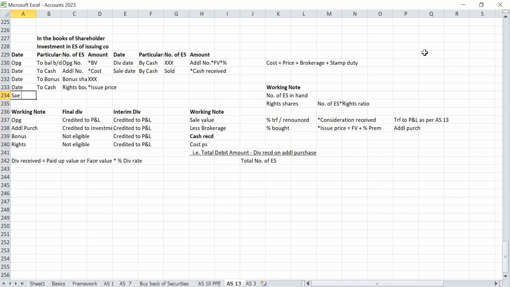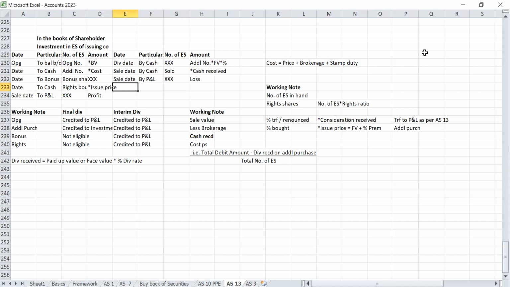Sale date to P&L if profit. Correct? Yes, sir. Amount, number of equity shares nil, profit will be transferred here. Or if loss, by P&L, number will be nil, here loss on sale. Any one will come.